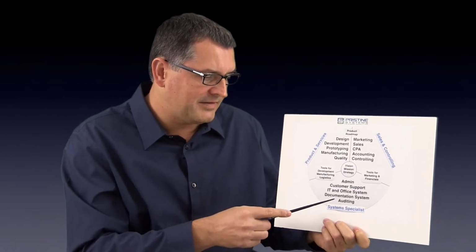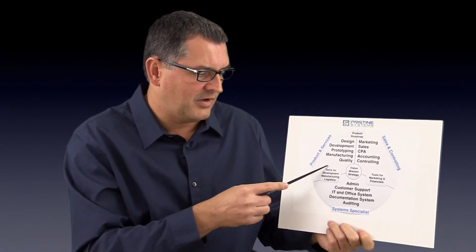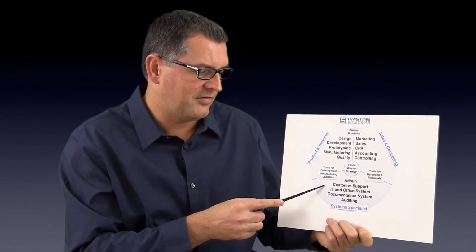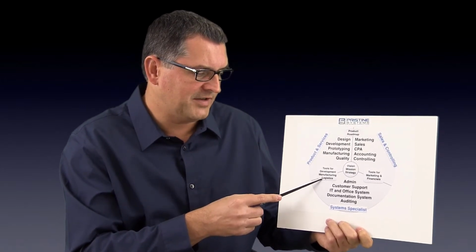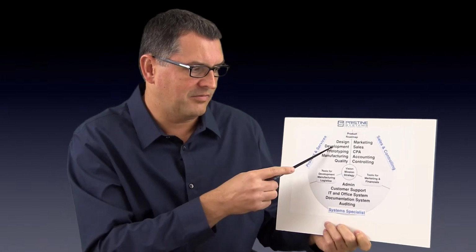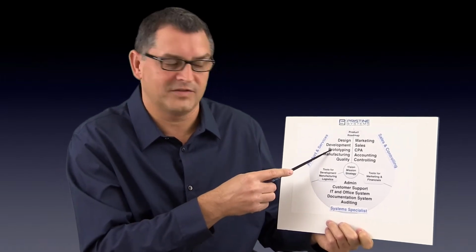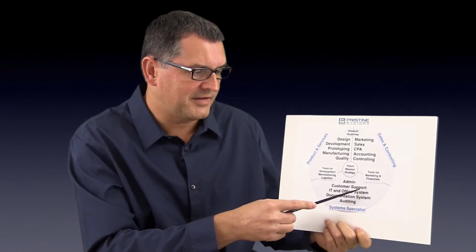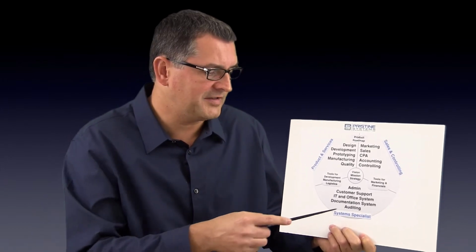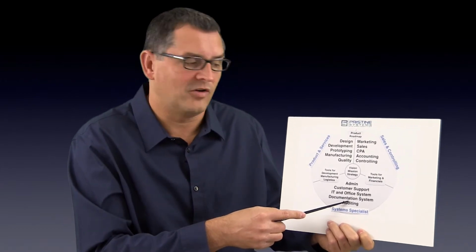On the other hand, this person is very valuable in supporting this guy and this guy, and you can see it here. So as soon as you touch the area for the tools of development, manufacturing, and logistics, he is involved together with the engineer or the product and service person. And on the other side, if there are any tools for marketing and financials that need to be evaluated or updated or changed, and specifically processes within your company, how to do things, then the system specialist is involved together with the sales and controlling person.